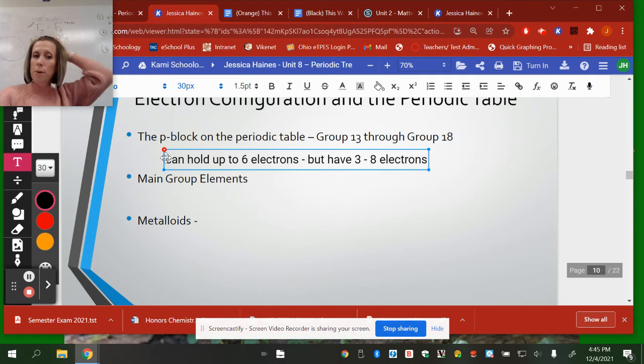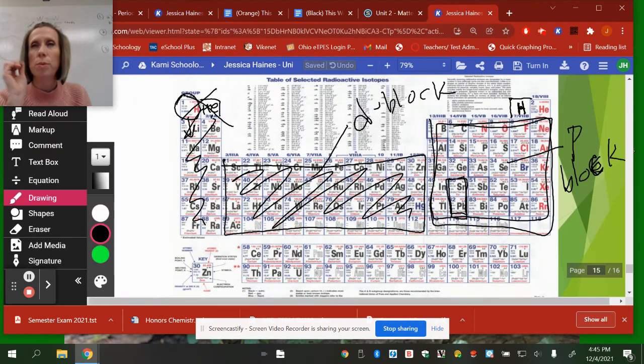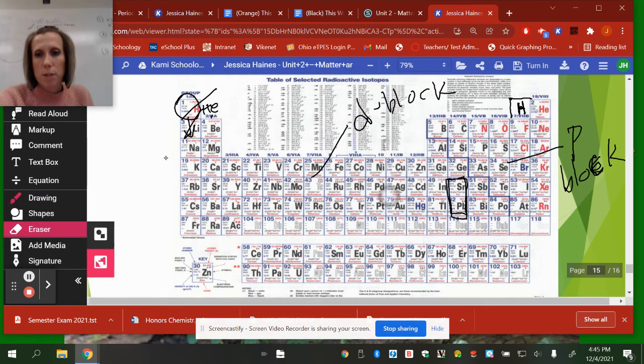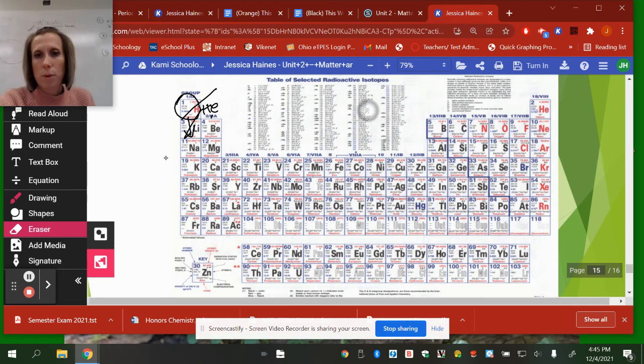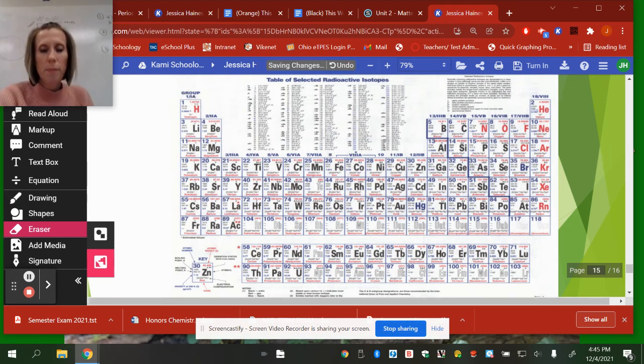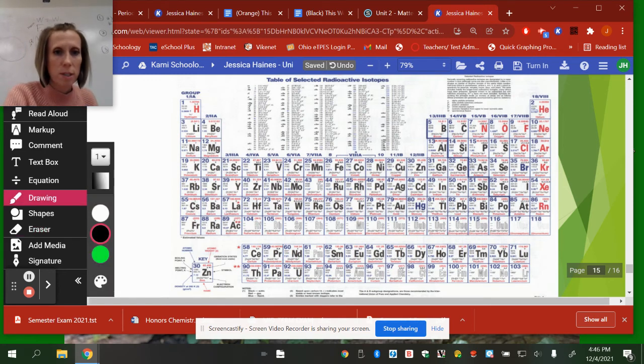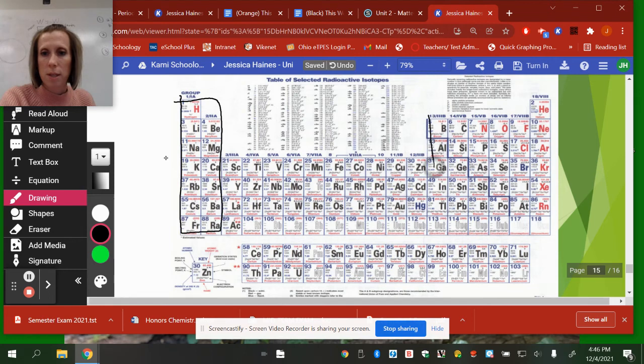Okay, so together, the P block with the S block form what is called the main group elements. And when you were doing that super fun activity where you cut out the tiny little squares and pasted them all together, these were all of the main group elements that you were putting on the periodic table. So what I want to show you is the main group elements consist of this section right here and this section right here.